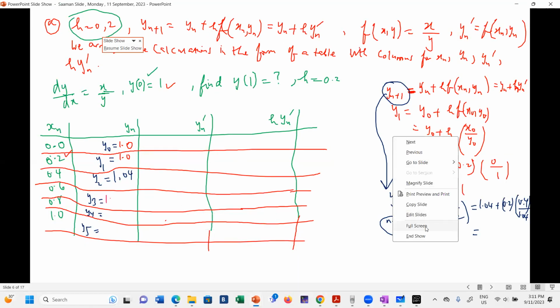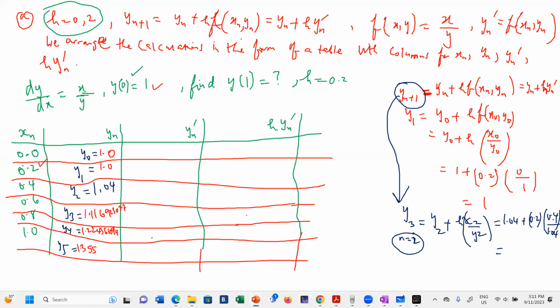Now, this can be made better here: 0.4, 1.4, 9.6. Okay, you can see in the way we did the y3, then you can do the rest of these.